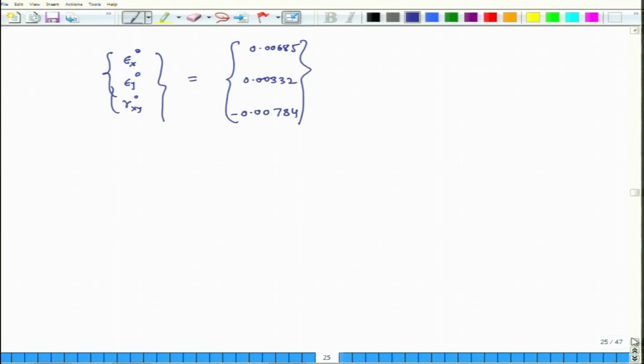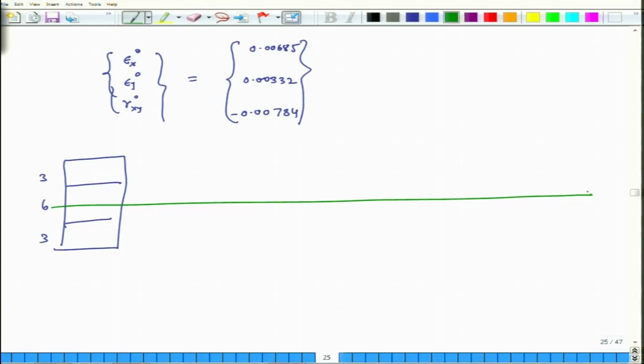So, what does this mean? We have this laminate, 3 millimeters, 6 millimeters, 3 millimeters. These are mid plane strains, and the strains at other locations are mid plane strains plus z times curvature.